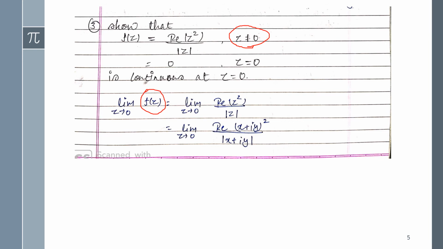So real part of z square, that is, x plus iy whole square, as we know all the values of z, and in the denominator we can write mod x plus iy, or else directly we can write under root of x square plus y square.